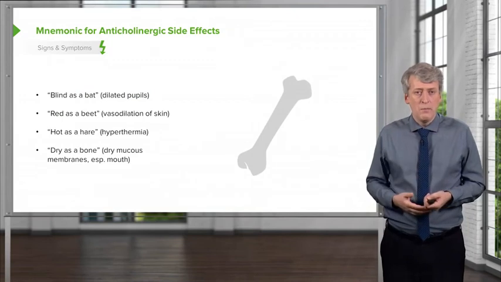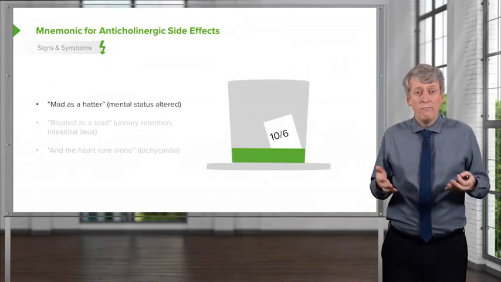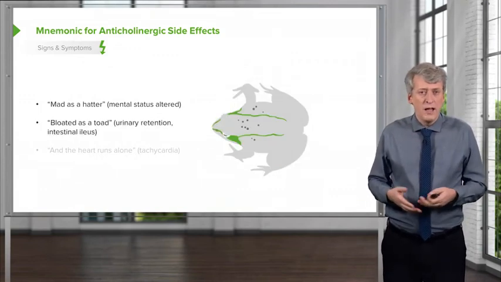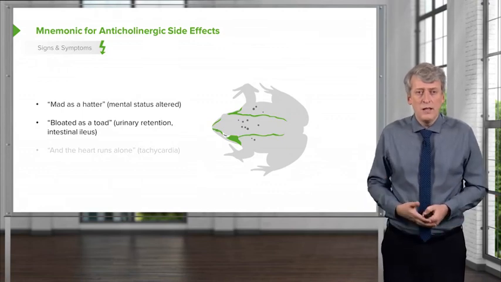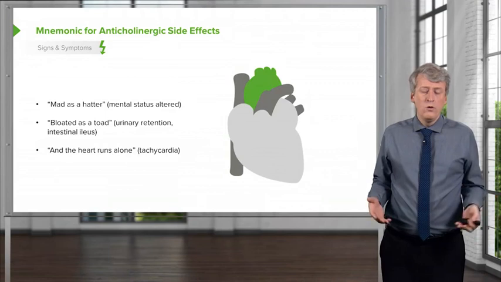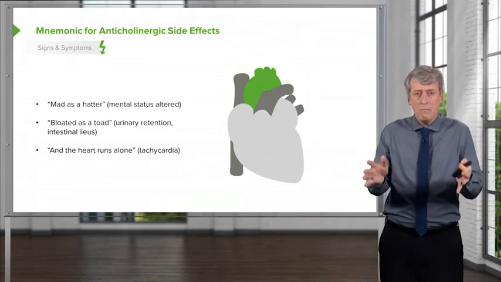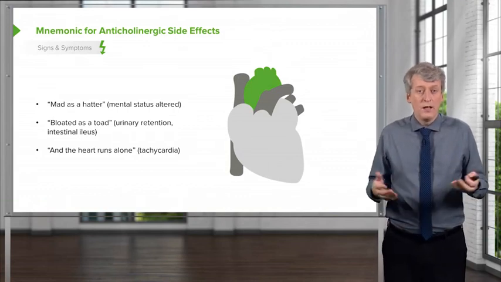They'll have dry mucous membranes, especially in the mouth. Mad as a hatter. They will often have mental status changes. Bloated as a toad, they may have urinary retention or intestinal ileus, so abdominal distension may be there, and the heart runs alone means they have some tachycardia. So if we see that pattern of symptoms, that's a sign that a patient may have overdosed on something like Benadryl.